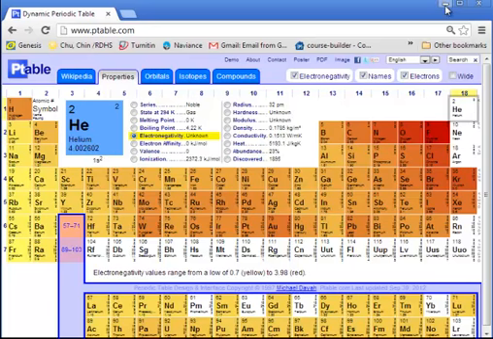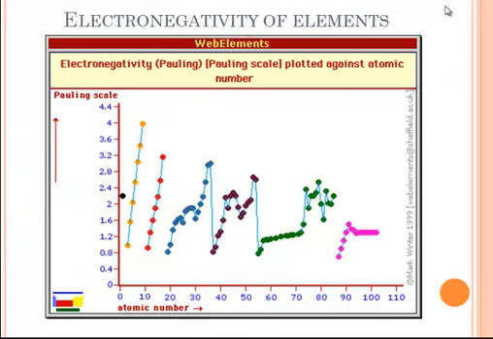So then it's kind of confirmed with those trends we just pointed out. And now let's take a look at the value being plotted here. This is period 1, this is period 2, period 3, and very nice, very tight trends for electronegativity.